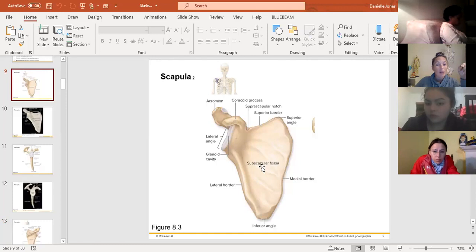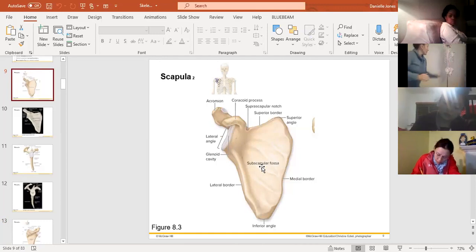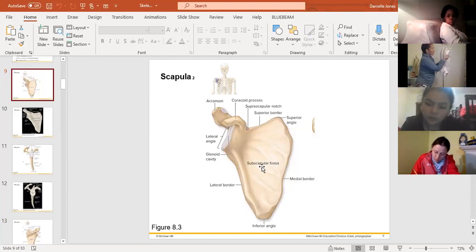Sub meaning below, scapular referring to the scapula. This is a funky one. I will tell you that right now because it doesn't make much sense. Basically what it's meaning is that it's below the scapula. If we're looking on this posterior view, it's below the scapula, this fossa, like as if I were to try to reach underneath to touch next to the ribs. That's the subscapular. That's what it means.